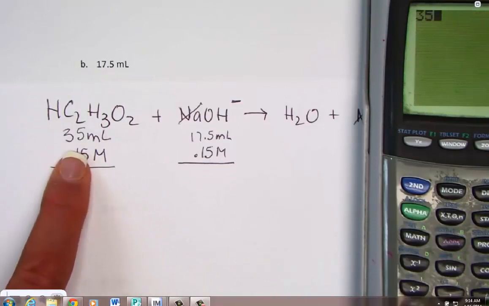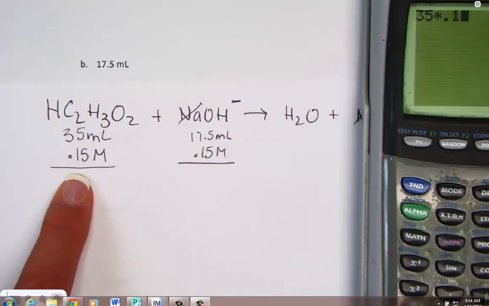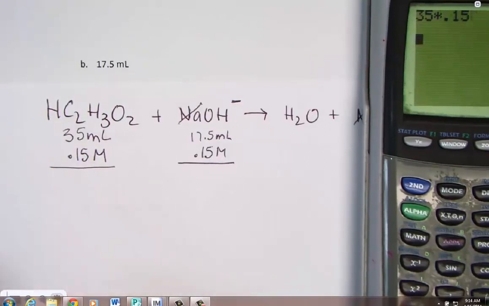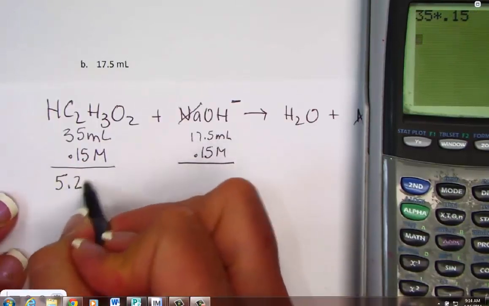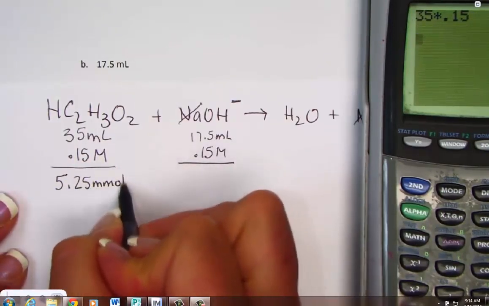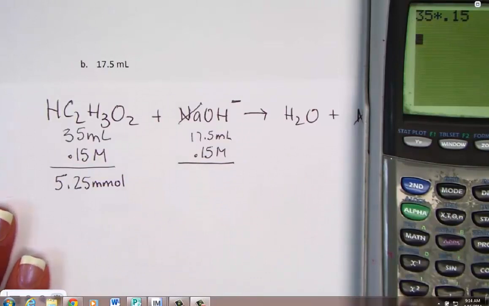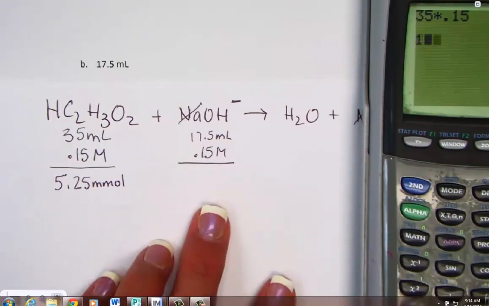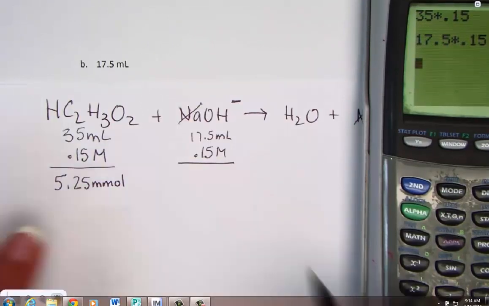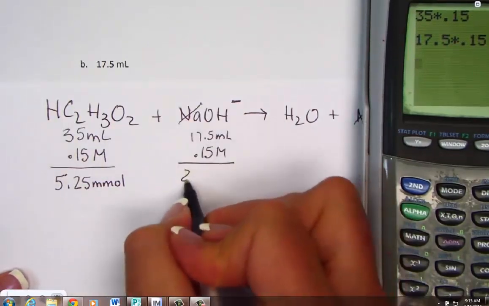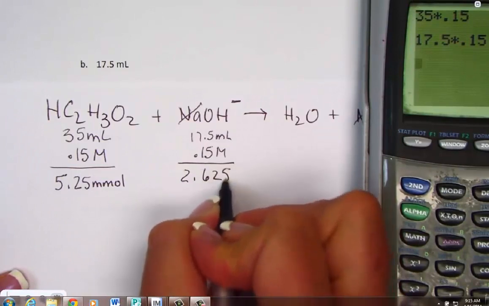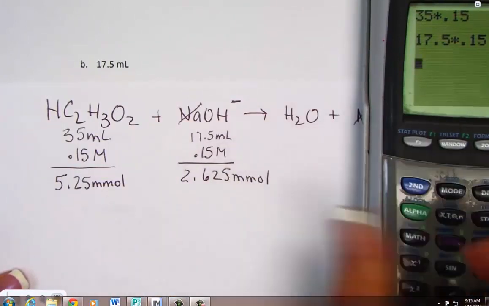I have 35 times 0.15. There are 5.25 millimoles of our acid. I have 17.5 times 0.15, 2.625 millimoles of base.